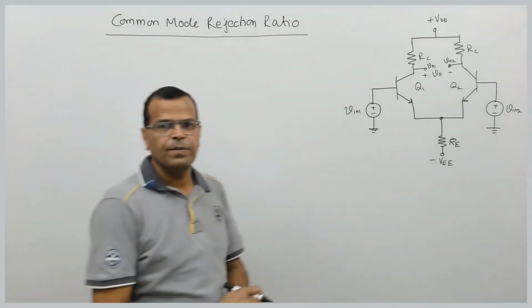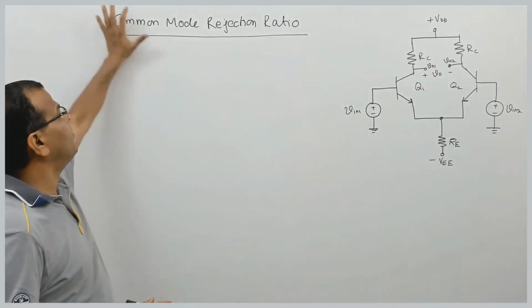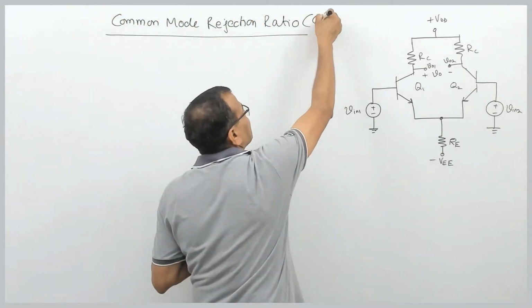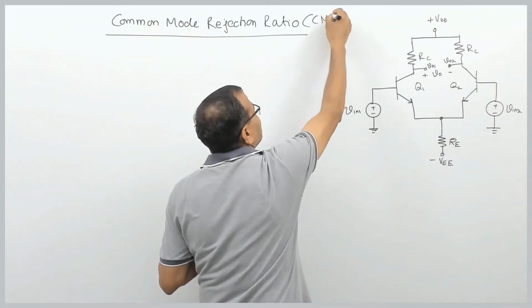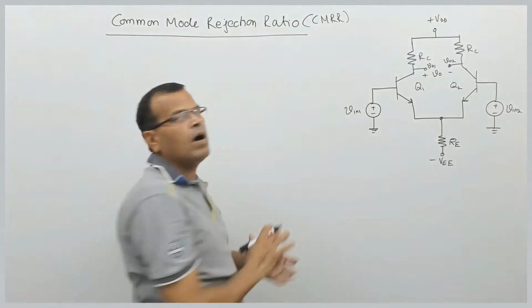Hello friends. Now the next topic in differential amplifier is common mode rejection ratio, which has the abbreviation CMRR. We call it common mode rejection ratio, CMRR.